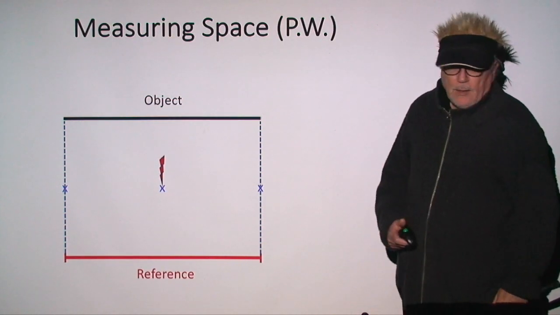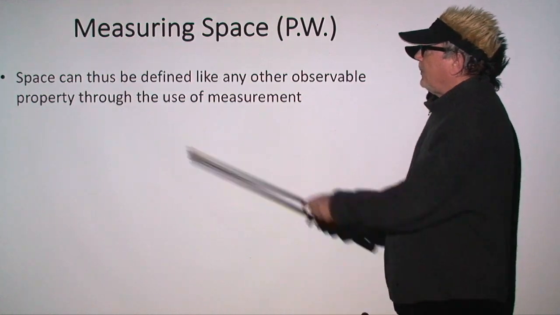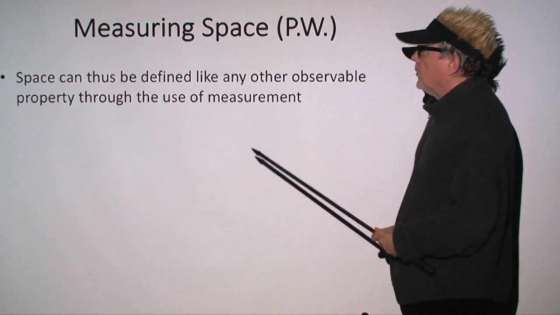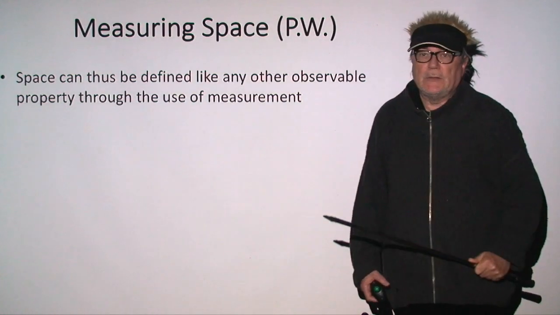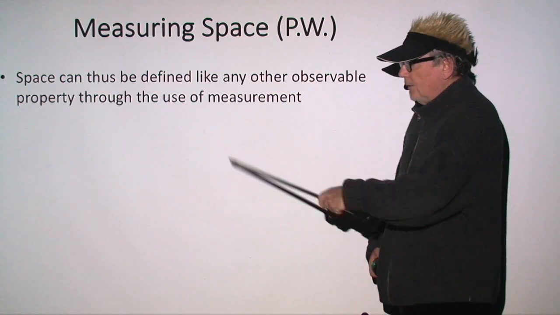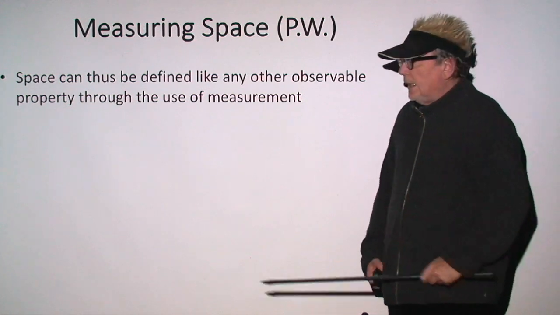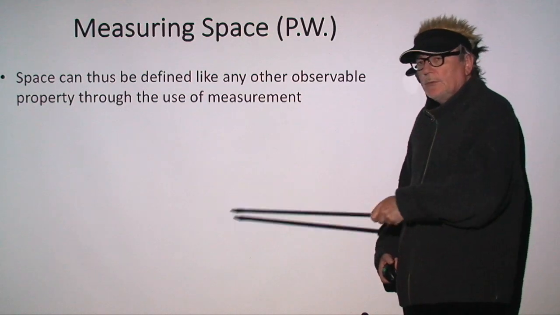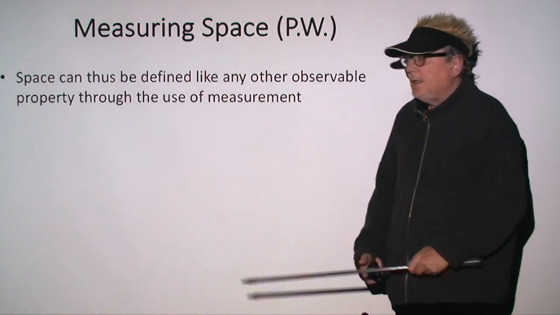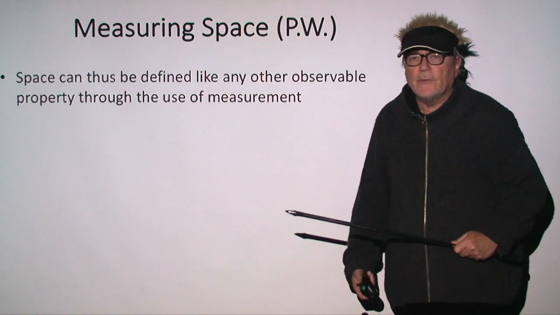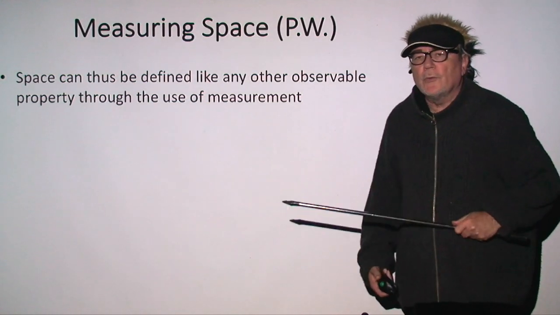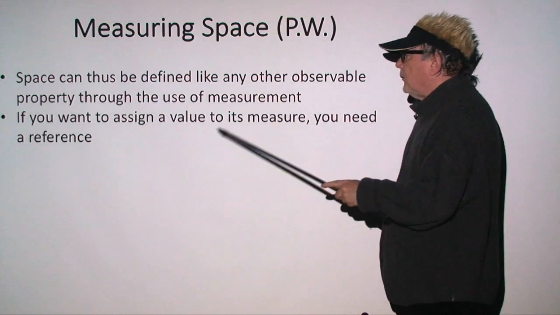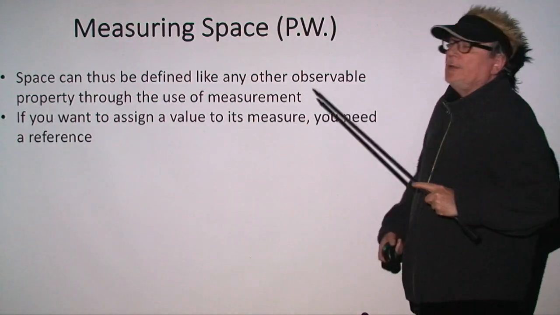Now, let's see. Space can thus be defined like any other observable property in the physical world, through the use of a measurement, by measuring things in the way we've seen before. As you could see, light is a pretty important concept here, which is used for simultaneity and to define space, for instance. And we'll see why we chose light in the next video. If you want to assign a value to its measure, then you need a reference.